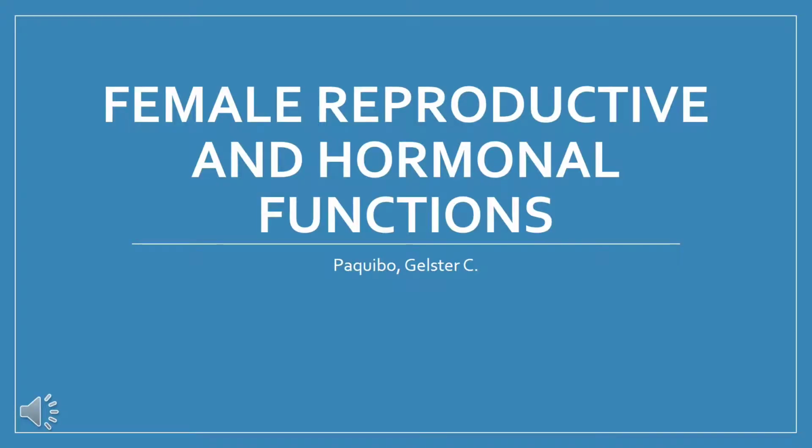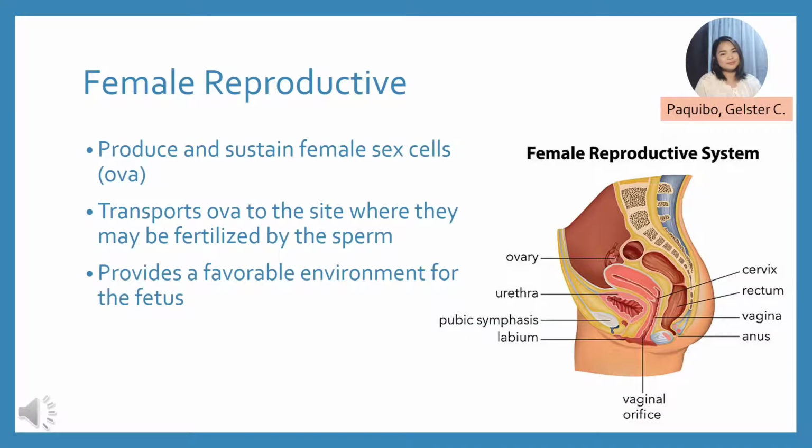And now let's proceed to the female reproductive system and its hormonal functions. The female reproductive system has three major roles. First, it produces and sustains female sex cells, or the egg cells, or the ova.